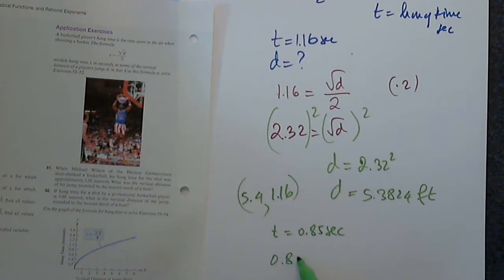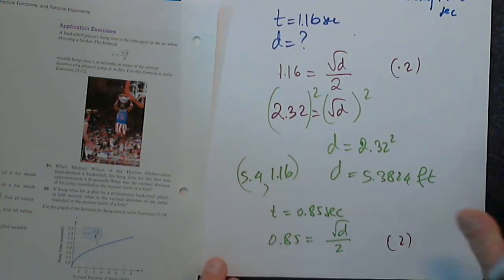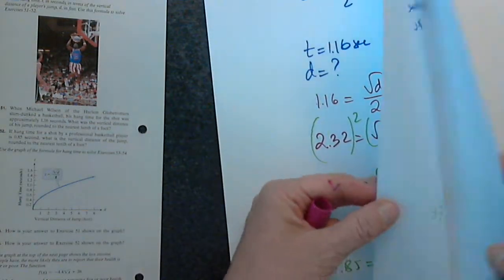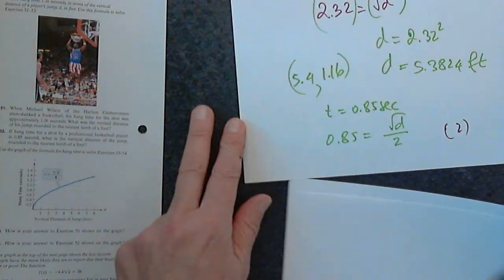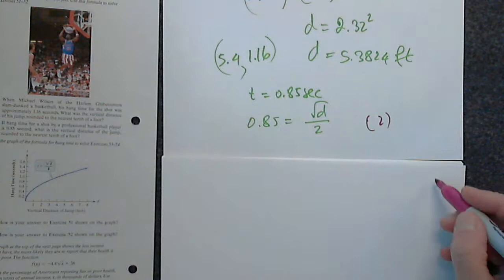So 0.85 equals the square root of D divided by 2. I would recommend, like before, multiplying both sides by 2 for convenience. And let's identify on the graph of the function where the new point is.